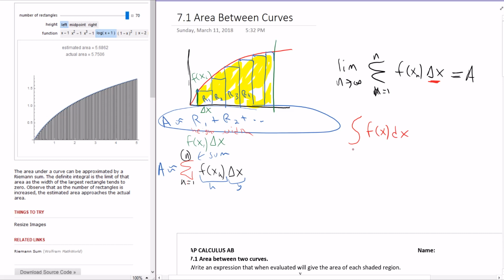And then the limits are from a to b, where a and b are the left bound and the right bound. So basically what we discovered was that the area of any curve f of x between f of x and the x-axis can be found exactly by using the integral. So I just wanted to touch on that.